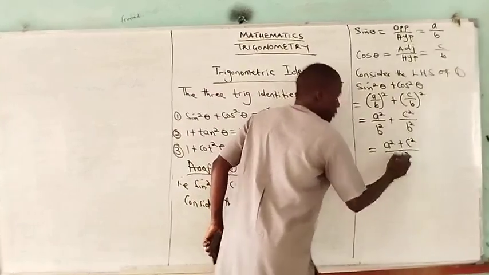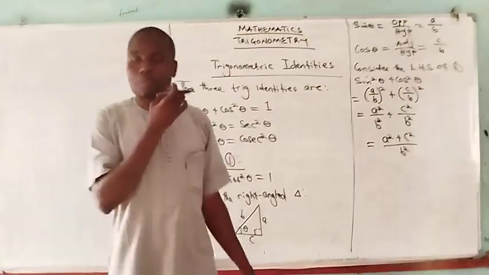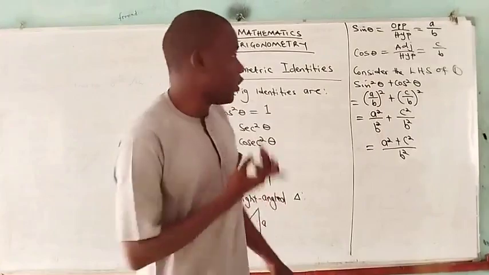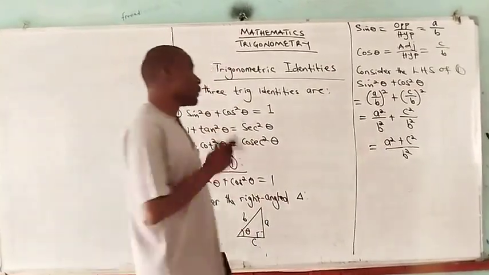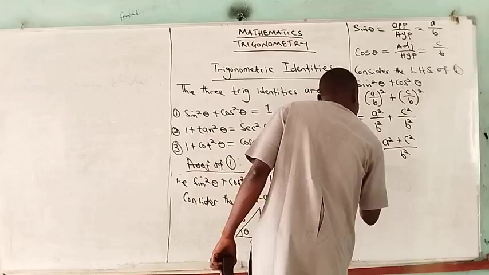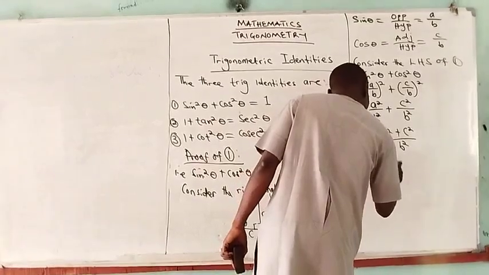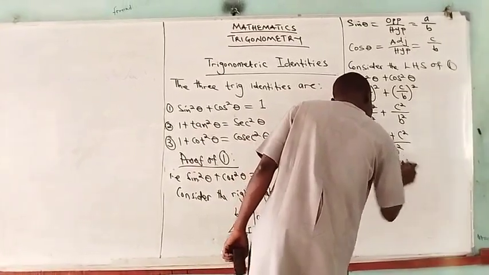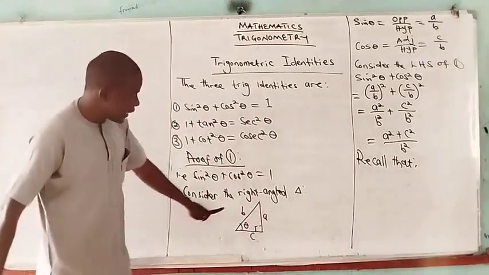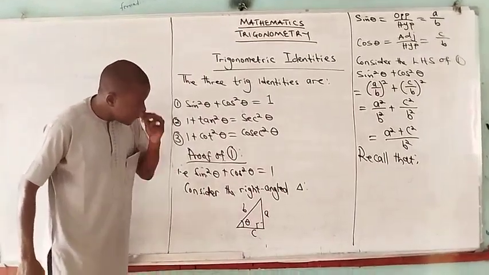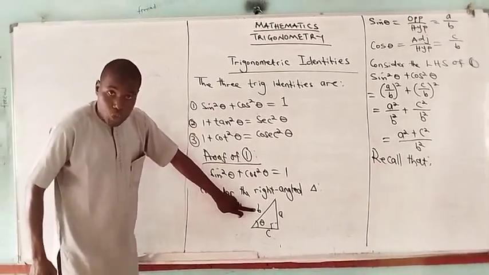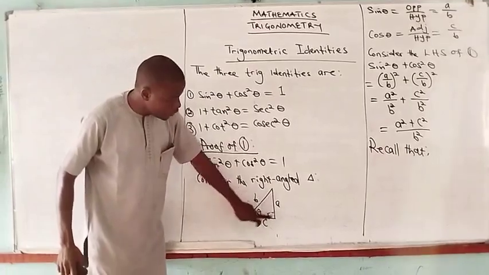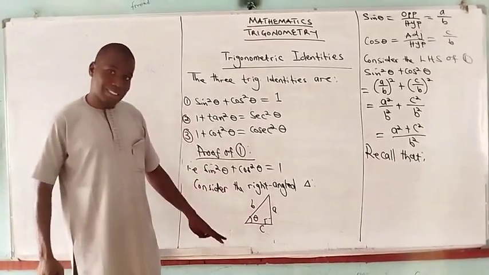That is A square plus C square all over B square. But recall, using this right angle triangle, Pythagoras theorem says that the square of the hypotenuse is always equal to the sum of the squares of the other two sides.